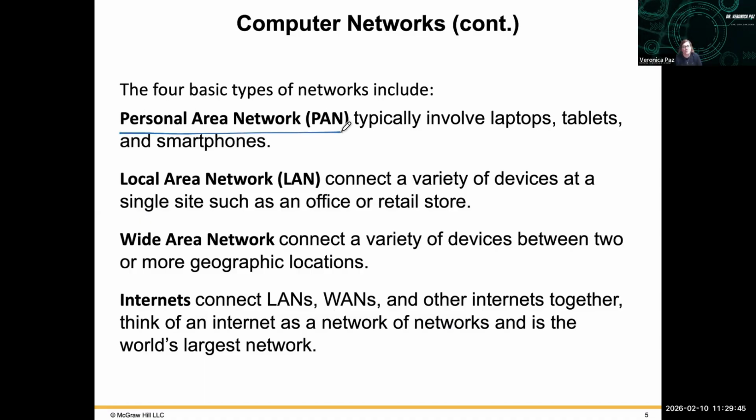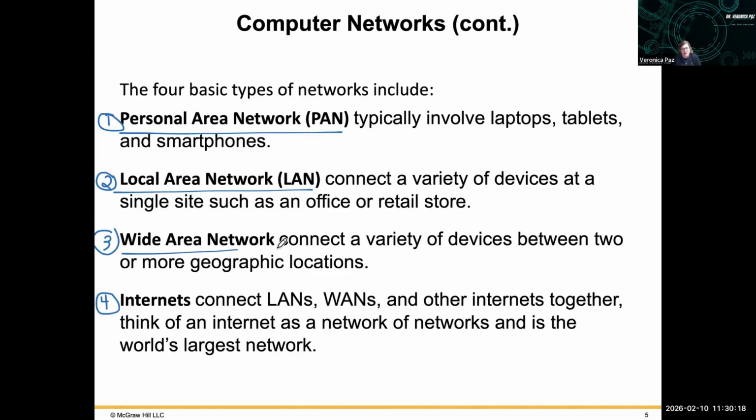All of these computer networks, there are four basic ones. We have a personal area network, a local area network, a wide area network, and then internets. So make a note of all of these. Personal area networks are usually laptops, tablets, smartphones, maybe within your home. A local area network you might have in an office or a store, so that would be the entire office location.